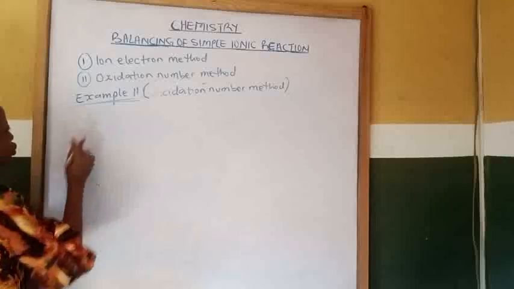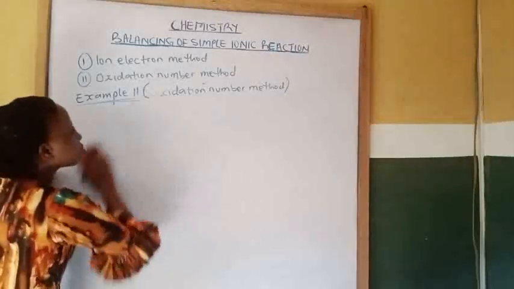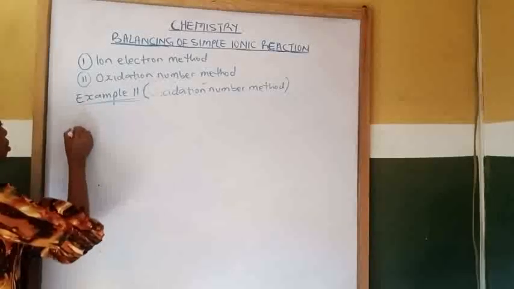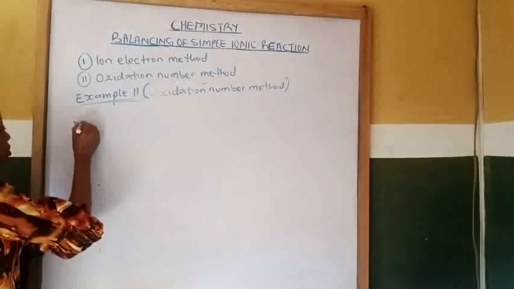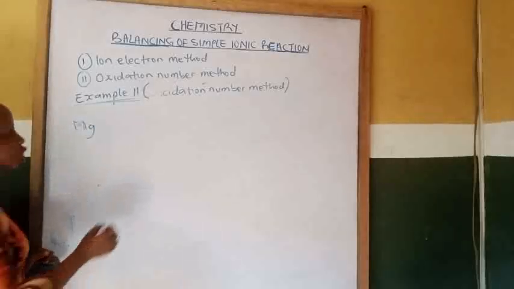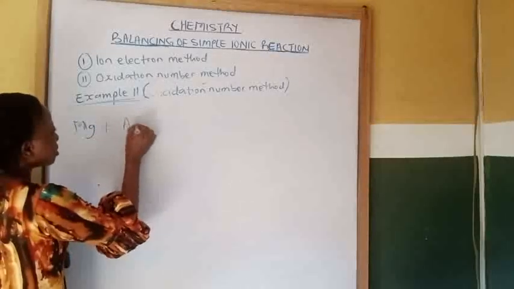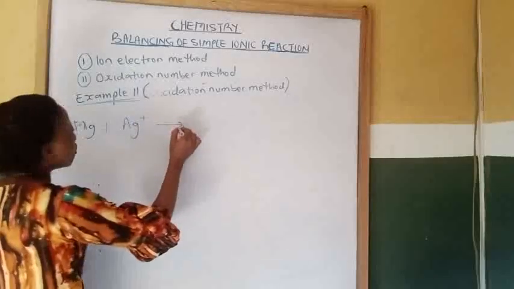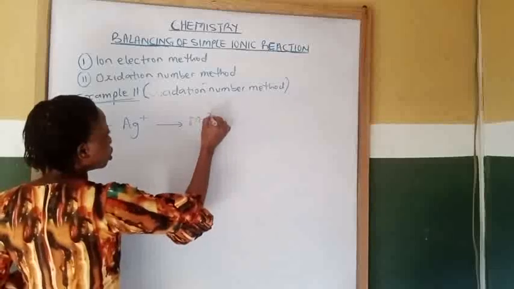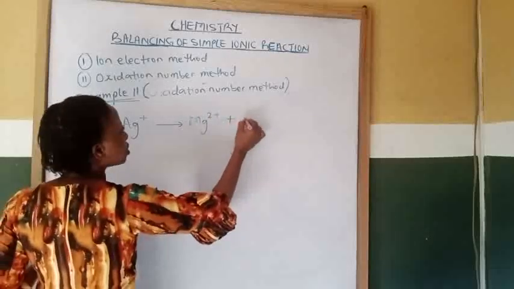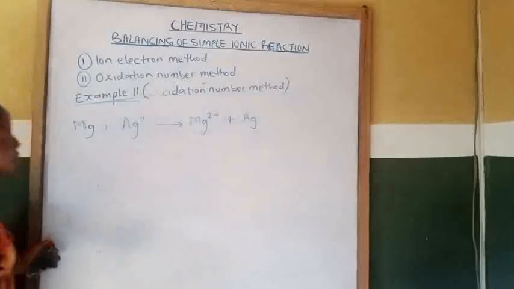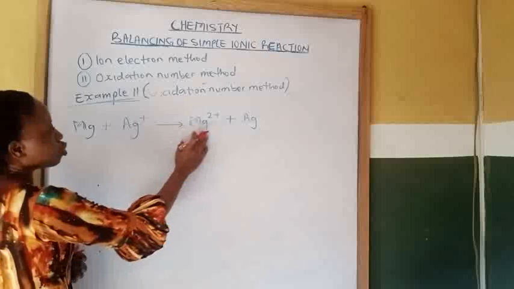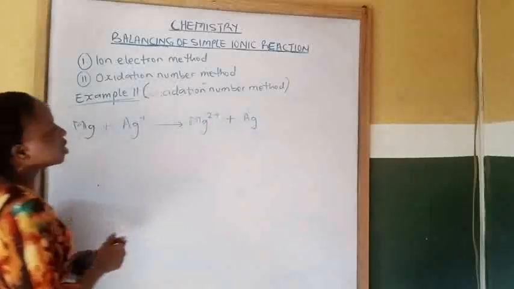We have a reaction between magnesium and silver ion to give us Mg2+ and Ag. So the reaction is Mg plus Ag+ equal to Mg2+ plus Ag.